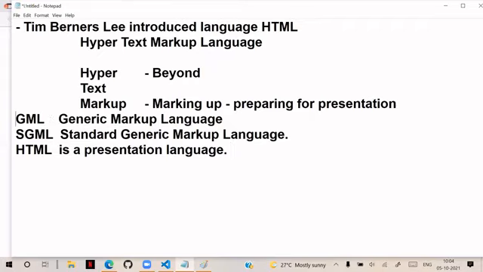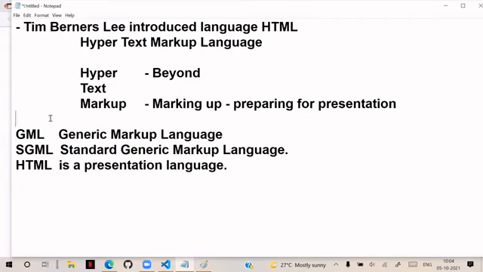I will give you detailed notes on GML and SGML in the soft copy. Don't worry, I am just giving the overview here. Very important, these languages were developed earlier by CERN laboratories, the Council for European Research and Nuclear.